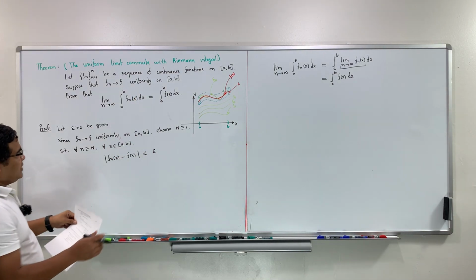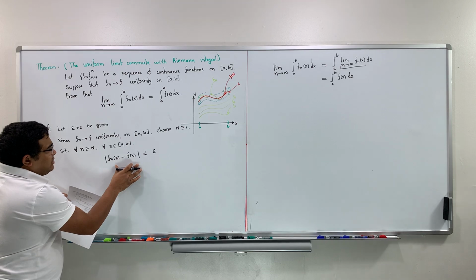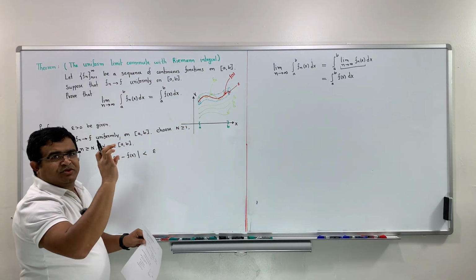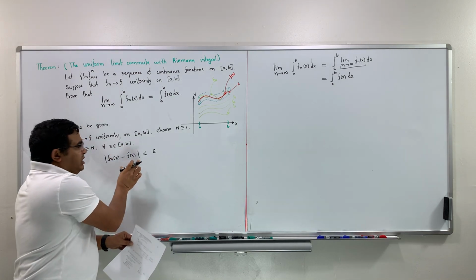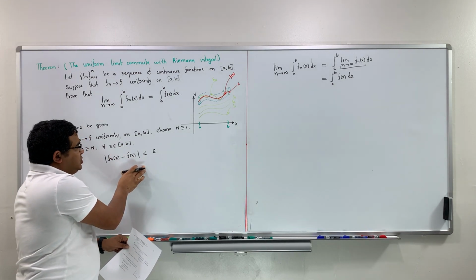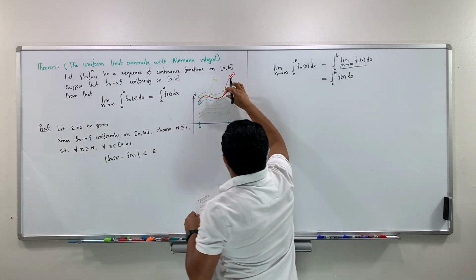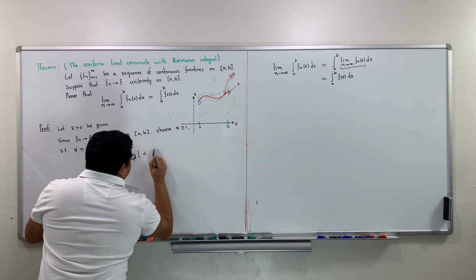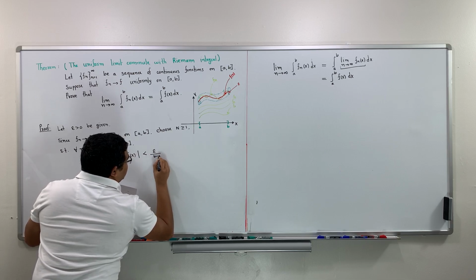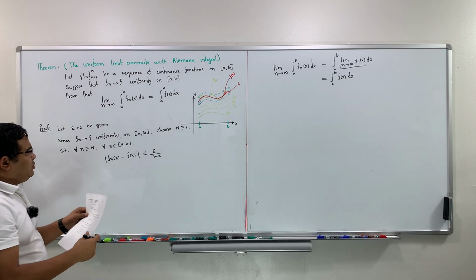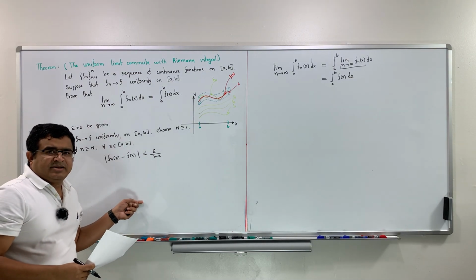Now since this inequality holds for this strip, if we make the strip smaller, then that inequality will also hold. So how can we make that strip smaller? We can divide this by a positive number, b minus a. Why did we do that? Because in the next step we need that.